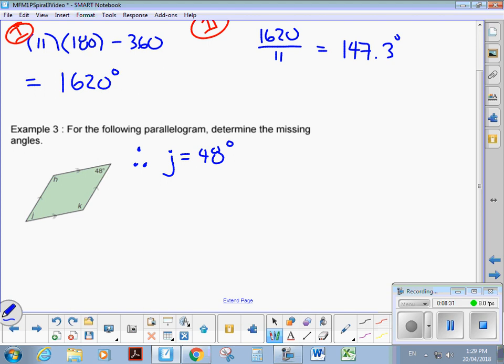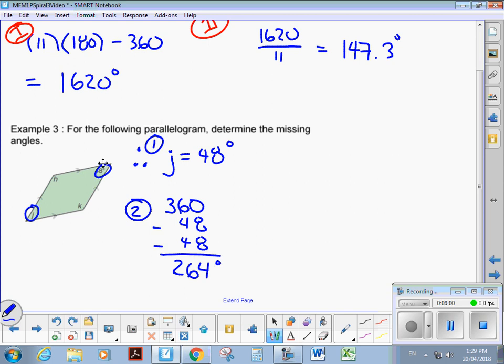How do we find H and K? Well, we know that we have a total, so step 1, step 2. Inside here is 360 degrees. If I subtract 48 and 48, because I know 2 of the angles, I end up with 360 minus 48 minus 48, which gives me 264 degrees.